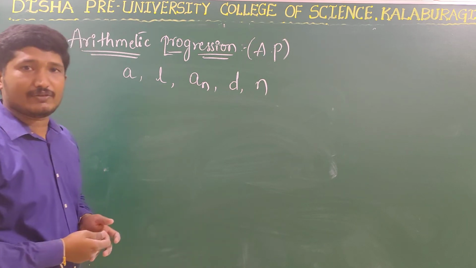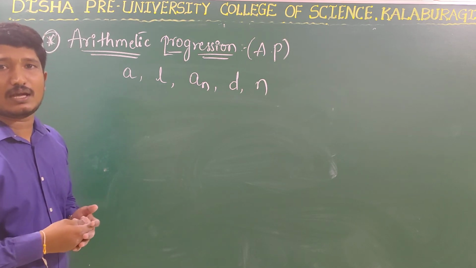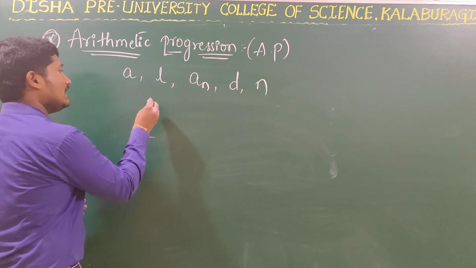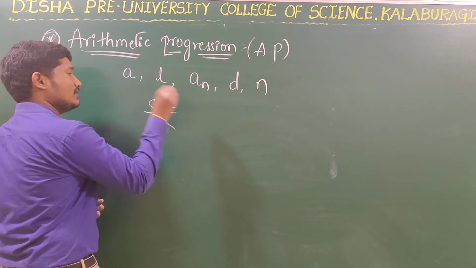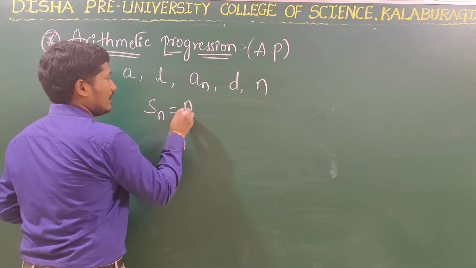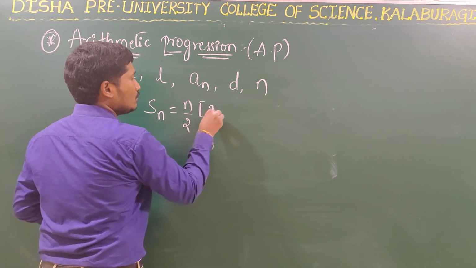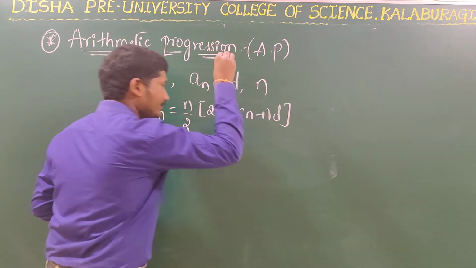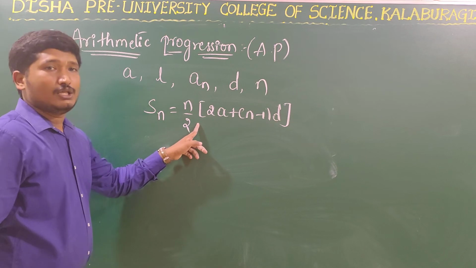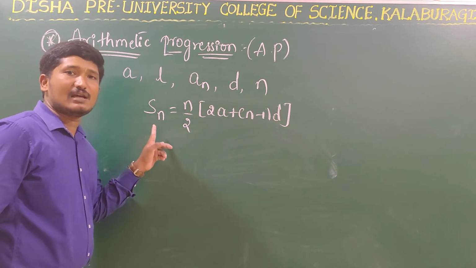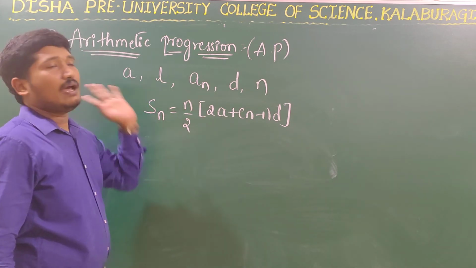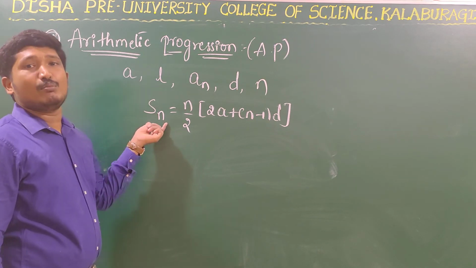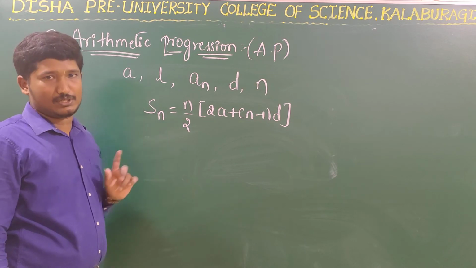You have also learned that the sum of n terms of the arithmetic progression is given by Sn = n/2 [2a + (n - 1)d]. This is the formula you use to calculate the sum of n terms of the arithmetic progression, where Sn denotes the sum of n terms, right?